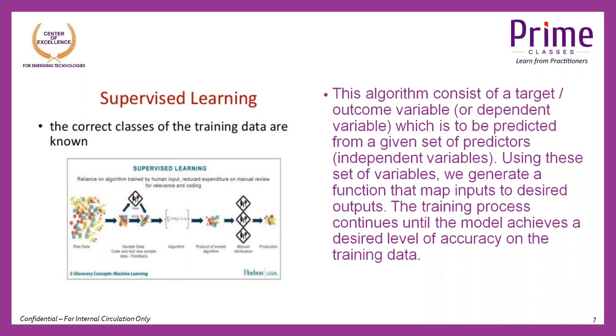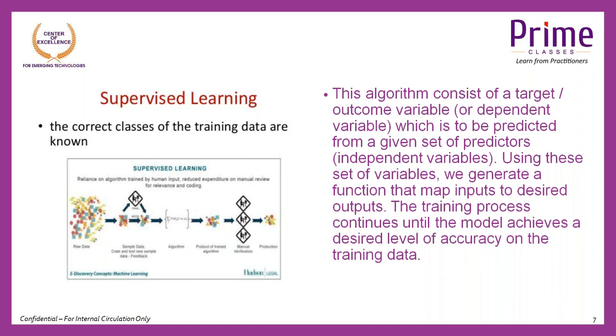So for example, as a teacher, you want to predict how many marks a student is going to get in the 10th class board exam, let's say. So that becomes y, right? Y becomes the marks that you're going to predict. Now, to predict y, we also need to know the factors that impact y.